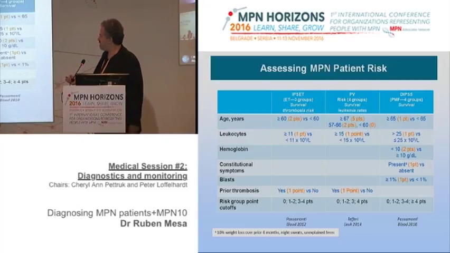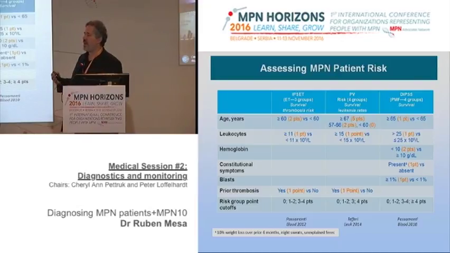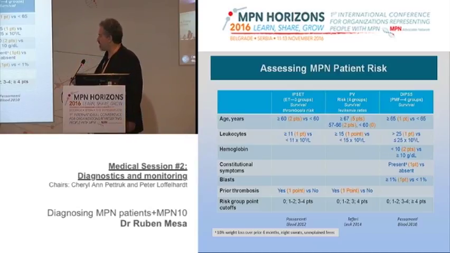One is clearly the issue of age. As we get older, we have greater risk with an MPN. Not a big surprise. In part, it might be due to the presence of other diseases. We're more likely to have heart disease. We're at higher risk of having a heart attack or stroke anyway. So it probably feeds off of other risks.